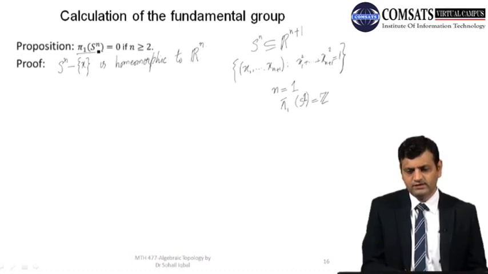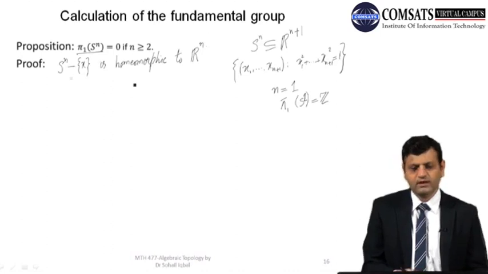So S2 is basically a sphere in R3. If you take out the north pole, then each and every point on the sphere corresponds to a point in R2. And similarly, using the same strategy, we can show it for Sn minus x, where x is any point of the sphere.